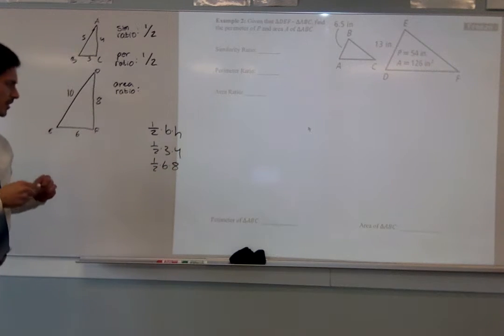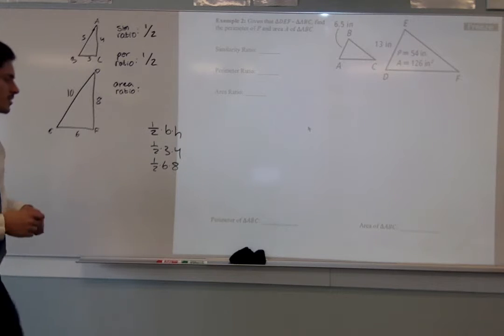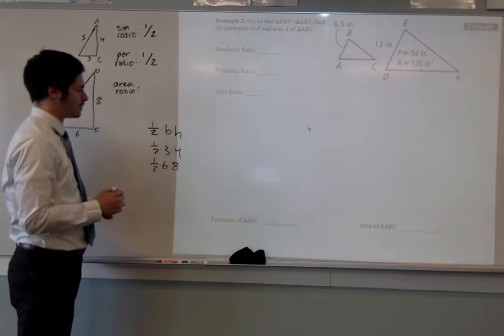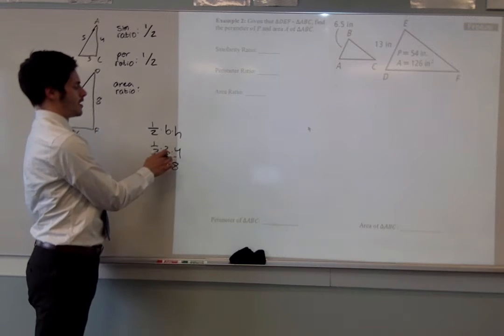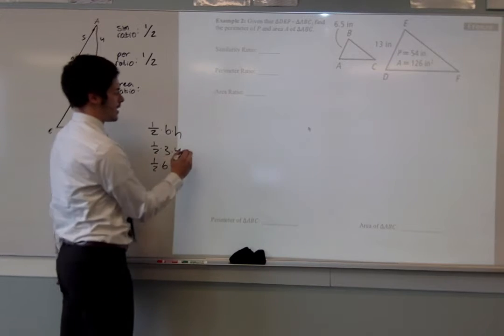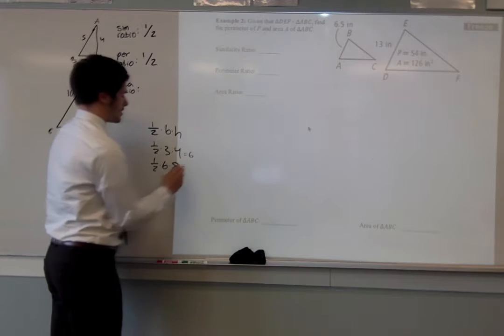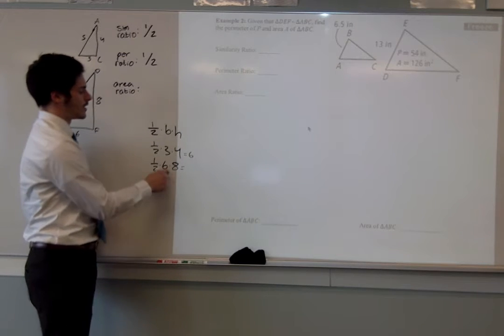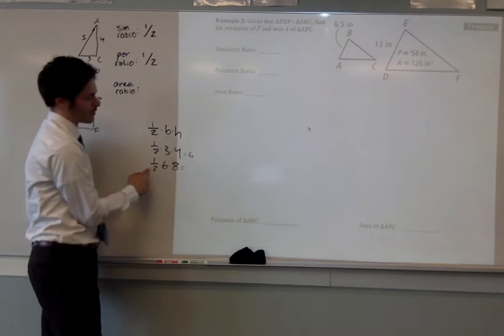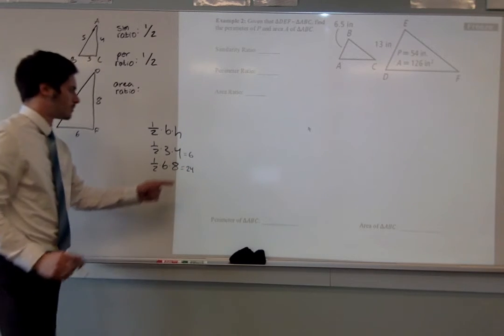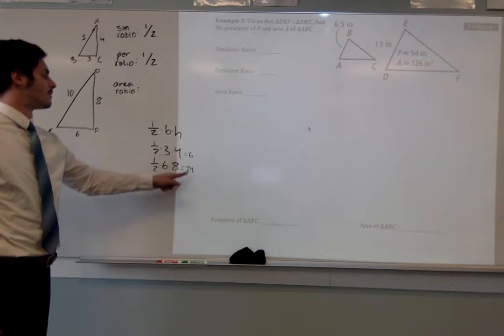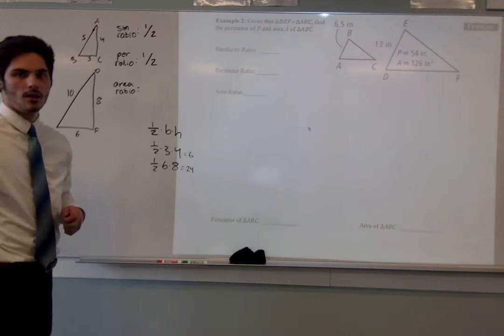So we can already see that if we multiply these together, 3 by 4 is 12 times 1/2 equals 6. And 6 times 8 is 48, divided by 2, or times 1/2, is 24. That's going to be 4 times bigger than that.